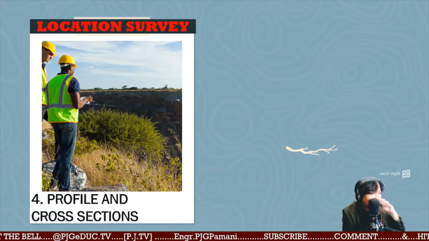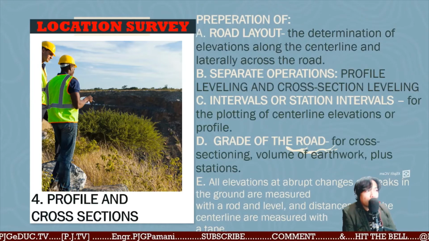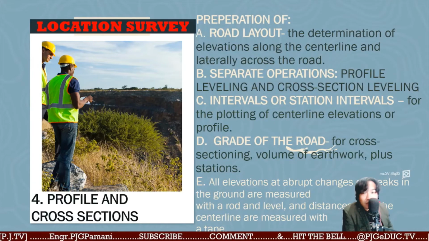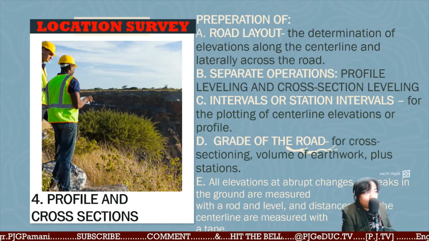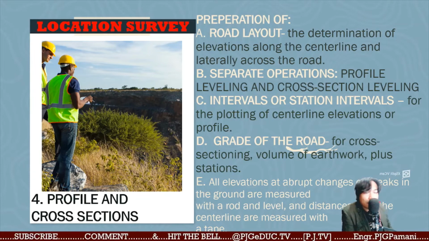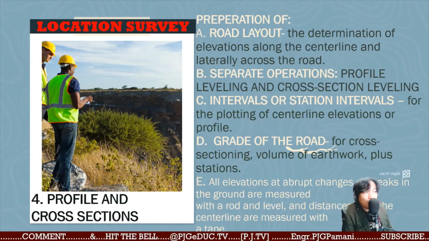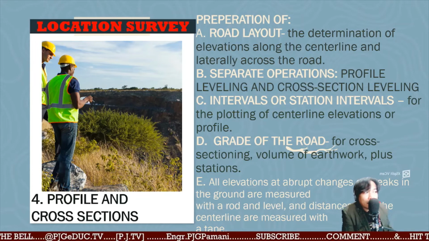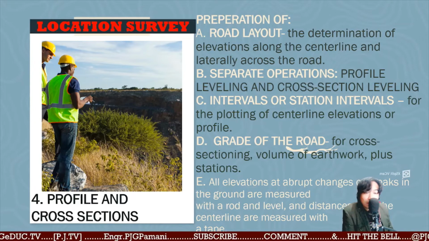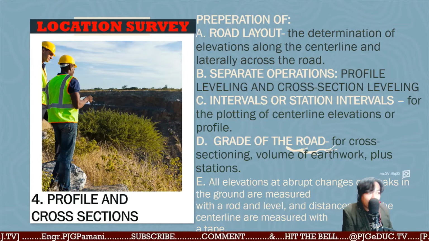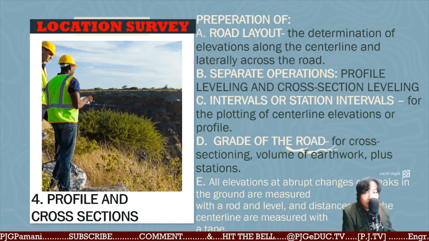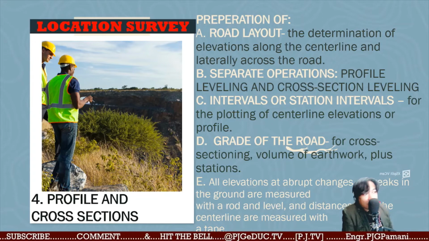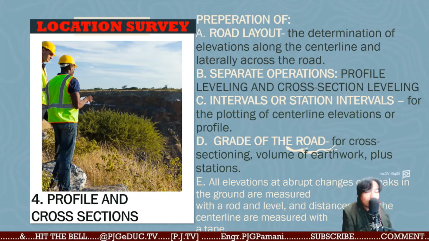For profile and cross sections, we need to prepare the following. First is for the road layout. Preparation for road layout, the determination of the elevations along the center line and laterally across the road. Basically, your vertical curves or vertical section, as well as vertical leveling. Then separate operations for profile leveling and cross section leveling.